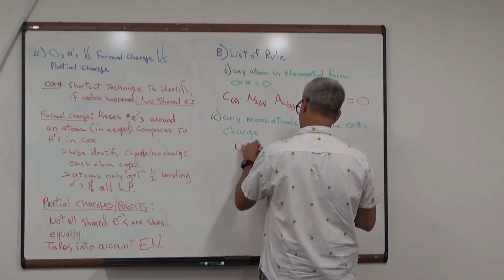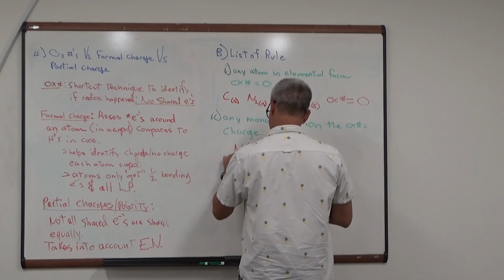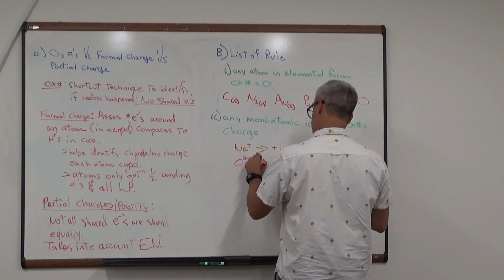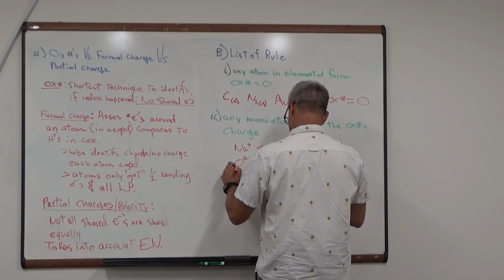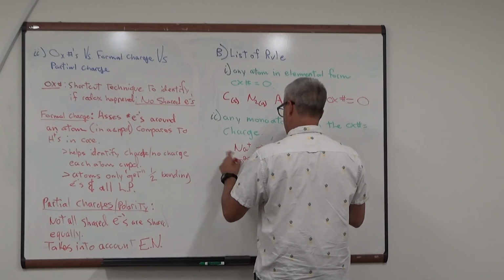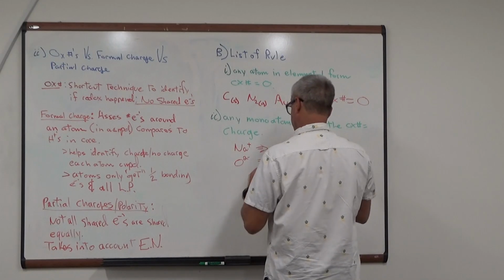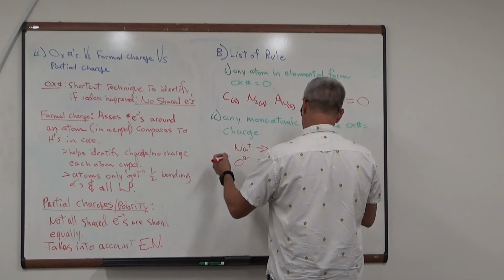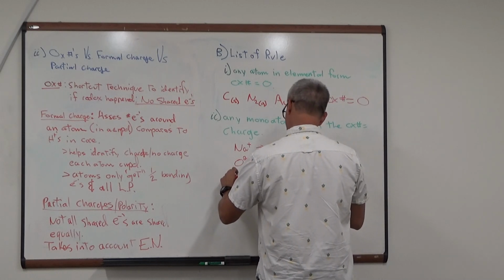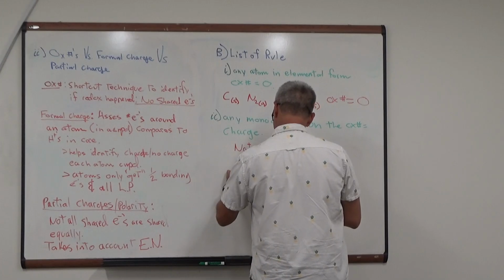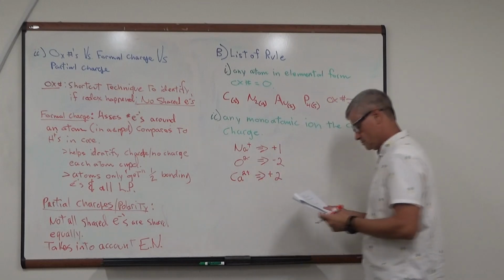Sodium plus has an oxidation state number of +1. Oxide, sorry, not O2 minus. Oxide is a -2 ion and has a -2 oxidation state number. Calcium, as I mentioned, 2 plus, has an oxidation state number of +2. All right.